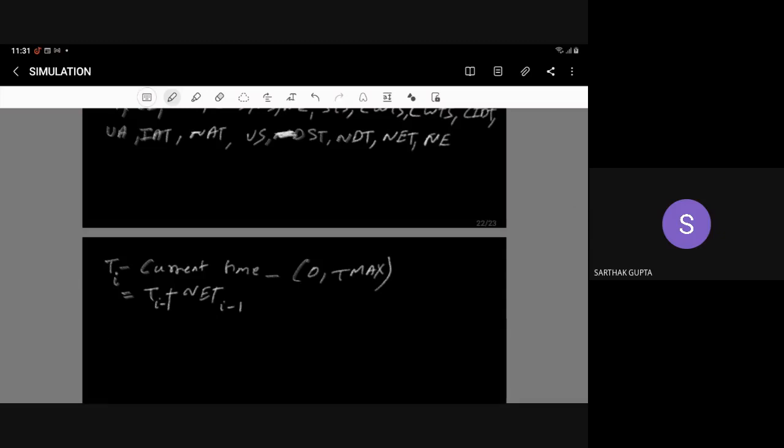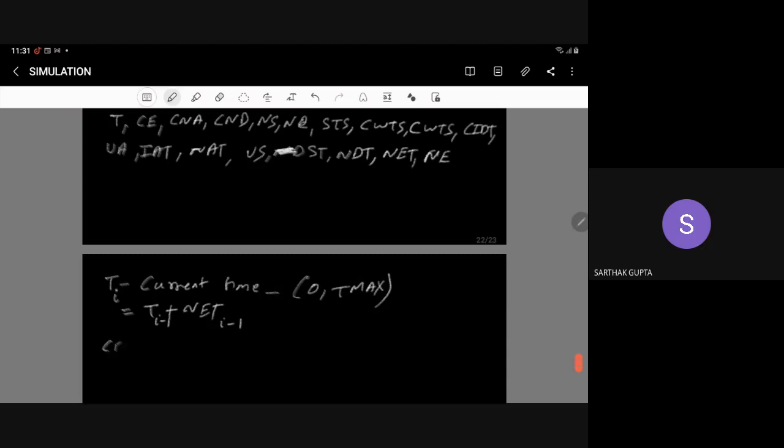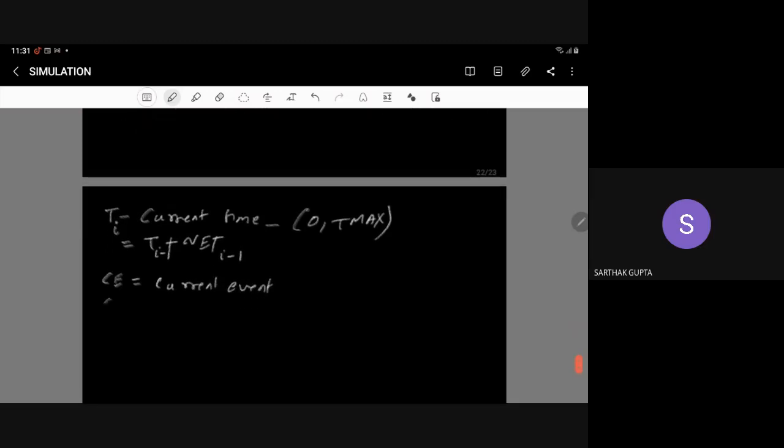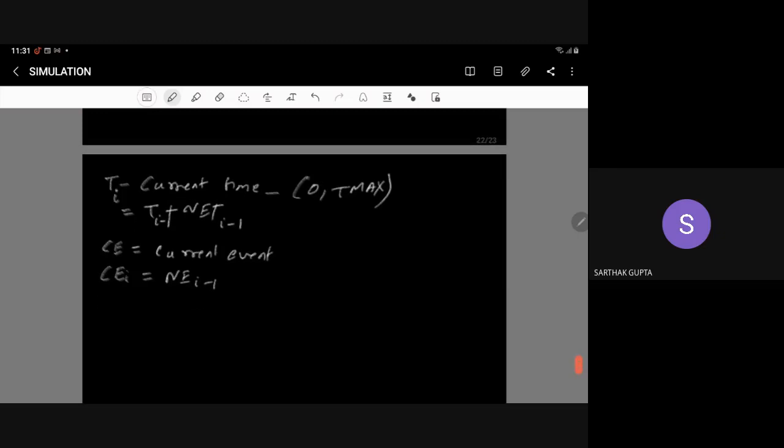Then we have the next heading, the current event, CEi. It is the next event of the previous row. Then the CNA, cumulative number of arrivals at that ith row.